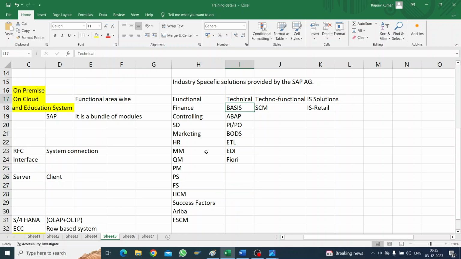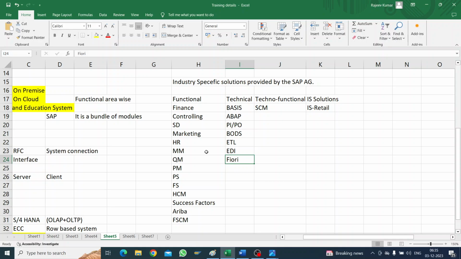Now coming to the technical side. On the technical side we have Basis, nothing but the system administrators, ABAP, the programming language. This is a generation 4 programming language. We have PI/PO. These are nothing but the integrators of SAP with regard to other systems. We have BOARDS, we have ETL, we have EDI, and we also have Fiori. This Fiori is available only in the S4 HANA system.